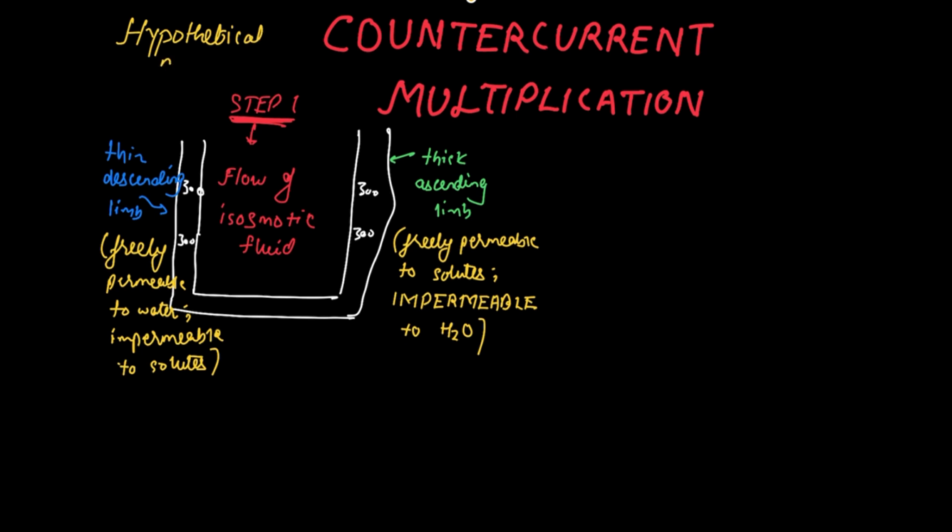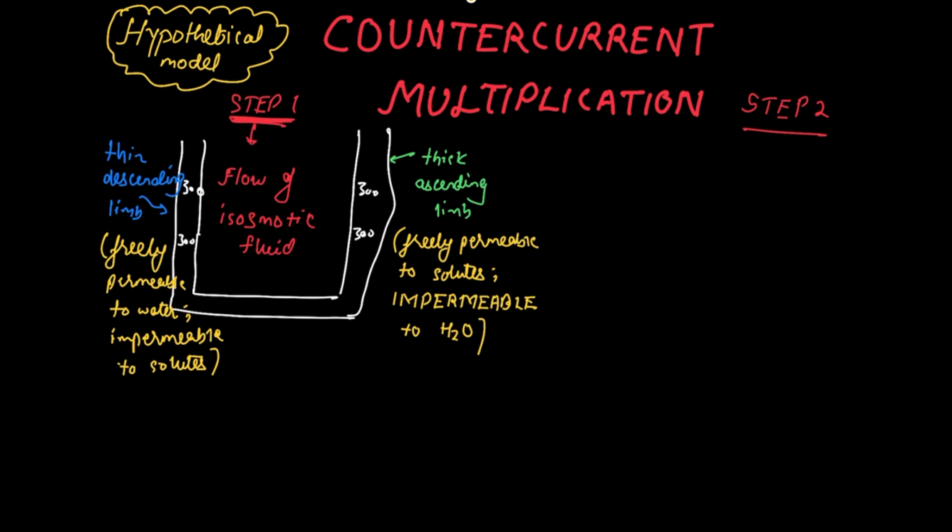I cannot repeat enough, this is a hypothetical model. So step 1 is flow of isoosmotic fluid into the loop of Henle.